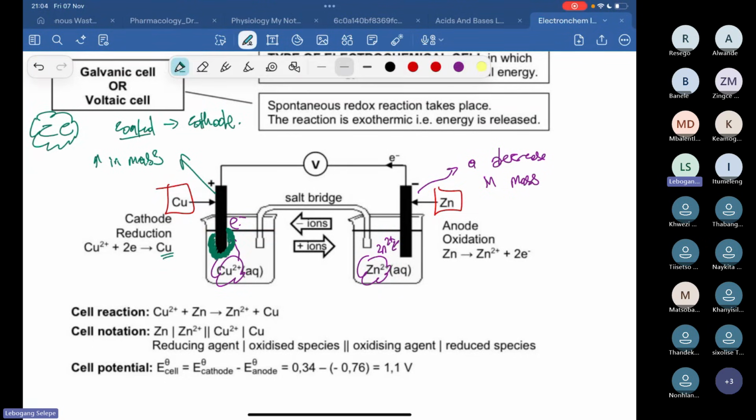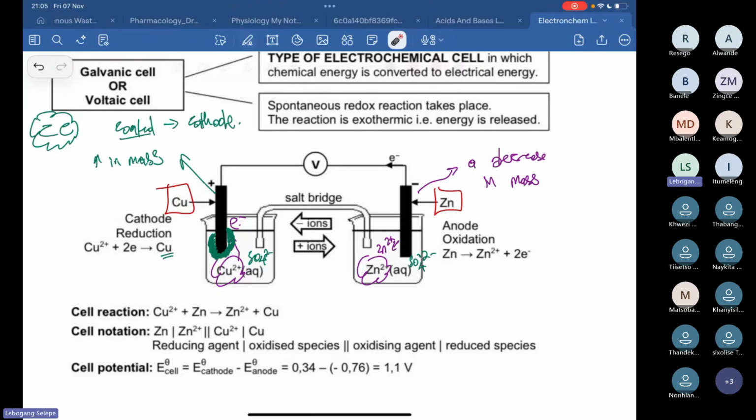Remember, I told you that in here we also have SO4 2 minus. Also in here we have SO4 2 minus, right? At first, the number of Cu2+ and SO4 2- were equal, therefore creating a neutral solution in here, right? As well as in here, it was neutral. But now, if you take a look at this one, we keep on pouring more Zn2+ in here.